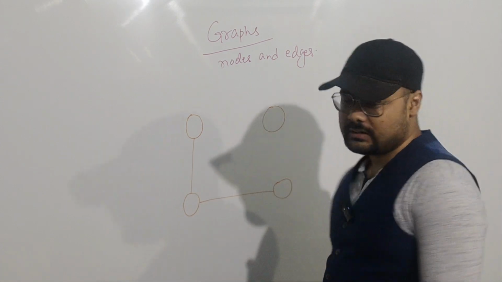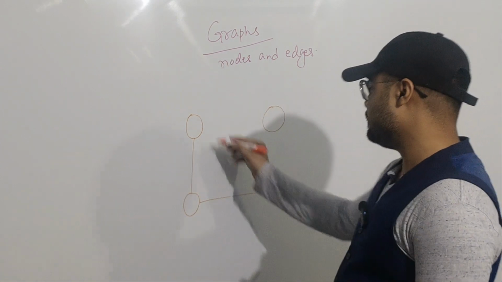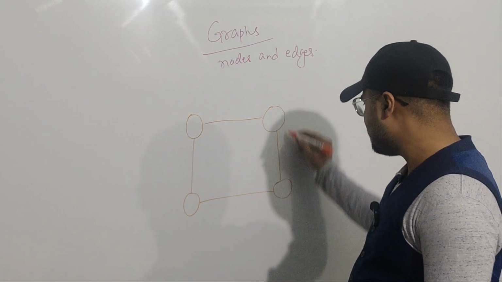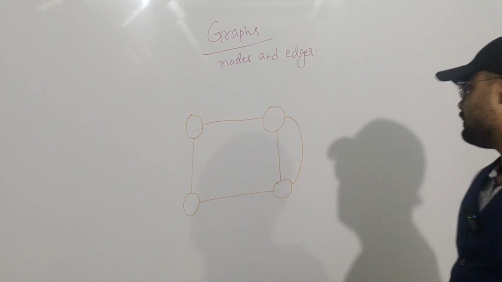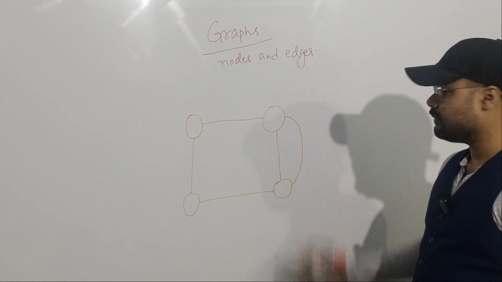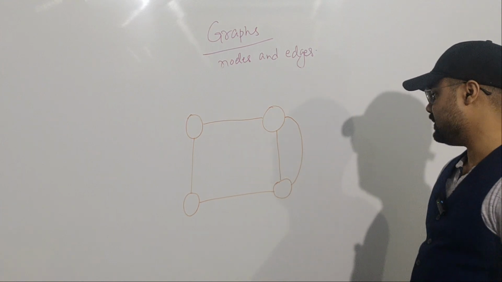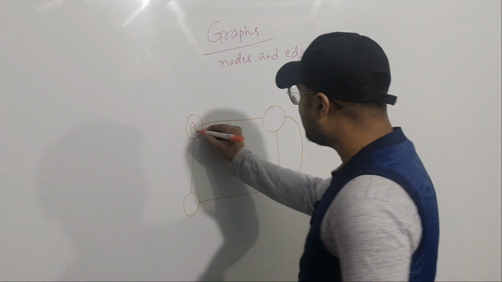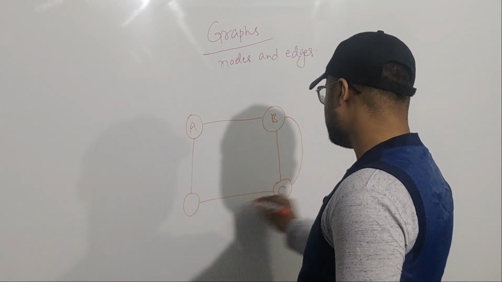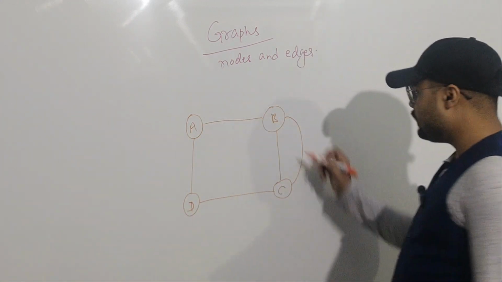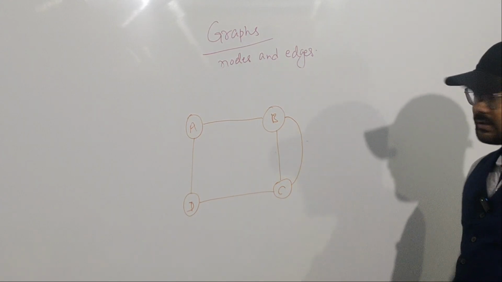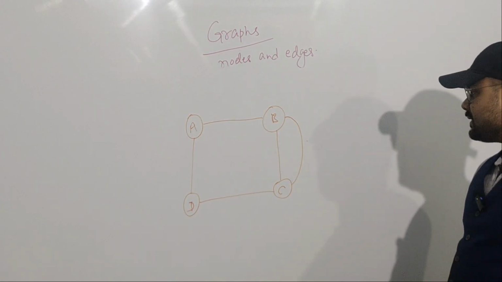Okay, I will not take any real world example. I will just show that these things are possible. Like you may have, this is called multiple edges. So if this is vertex B, vertex C, vertex D, then B and C are connected by two edges.